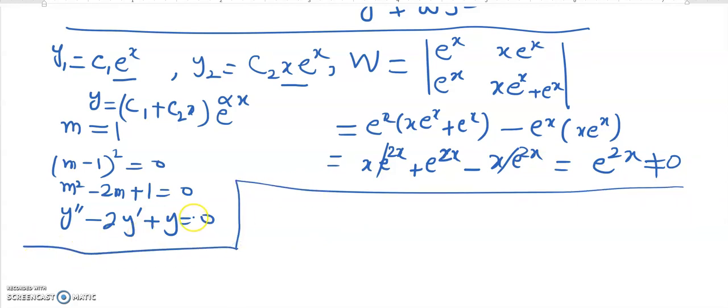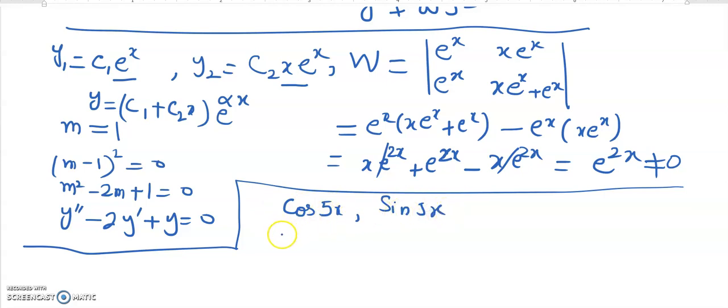As another example, consider cosine of 5x and sine of 5x.